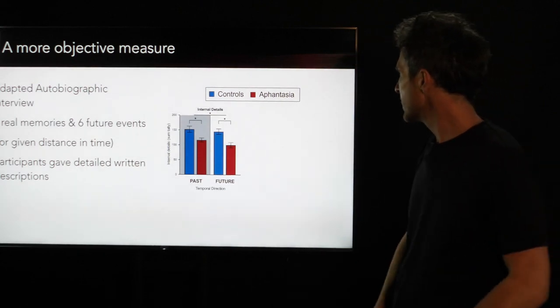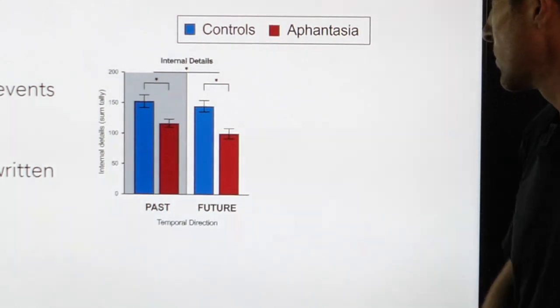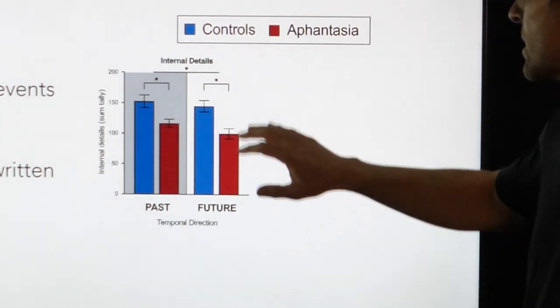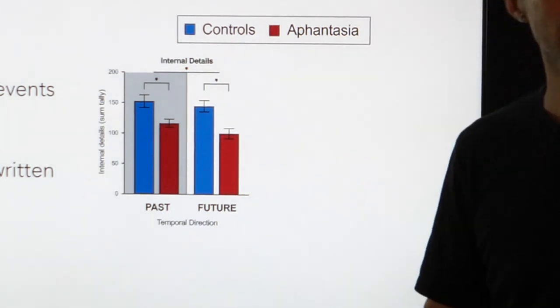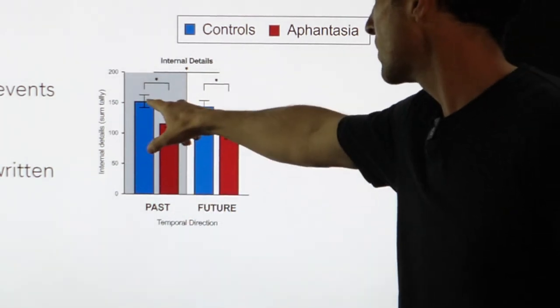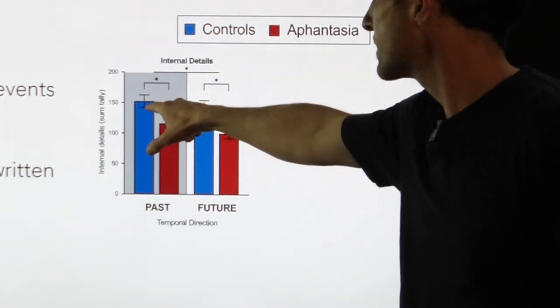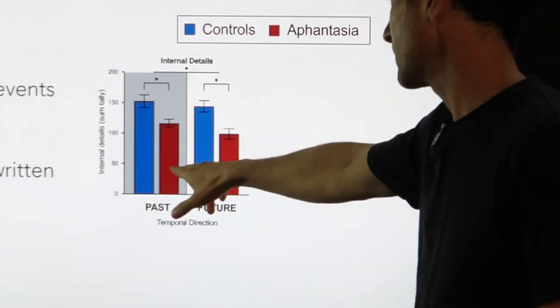So here's some data just to give you a taste of this. Again, we're looking at people with aphantasia and, in blue, controls with imagery. This is just a tally, the count of the number of details in the different conditions. In the past, you're seeing not huge, but significantly more details if you have imagery compared to not having imagery.